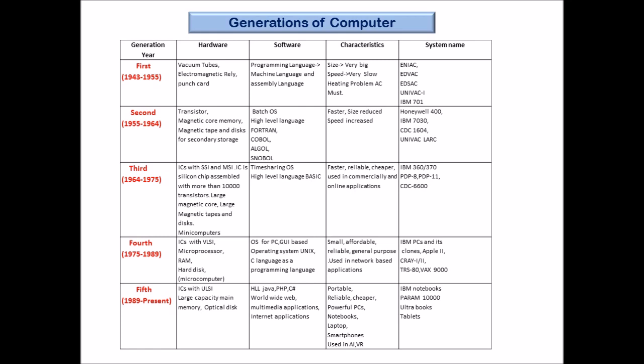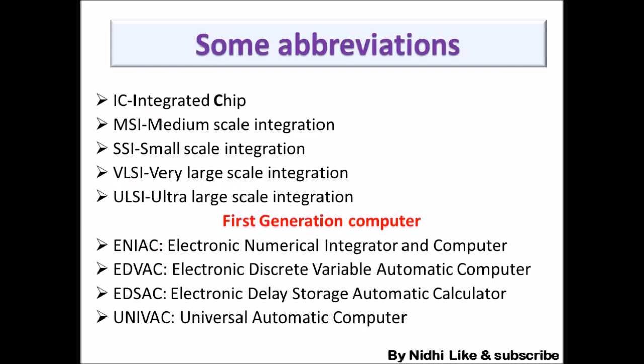Let's talk about some of the abbreviations used in generations. First is IC, which stands for integrated circuit. MSI means medium scale integration. SSI stands for small scale integration. VLSI stands for very large scale integration, and ULSI stands for ultra large scale integration. First generation computers include ENIAC, EDVAC, EDSAC, and UNIVAC.